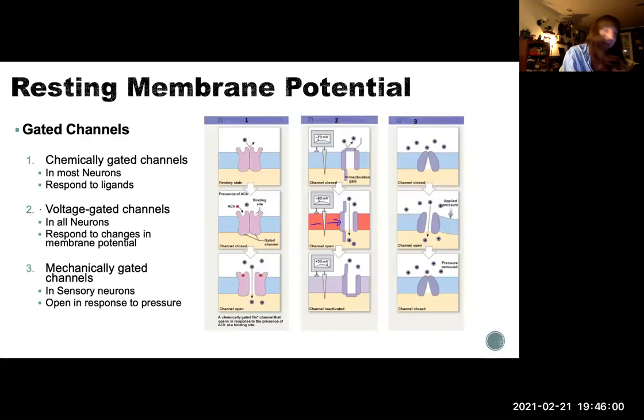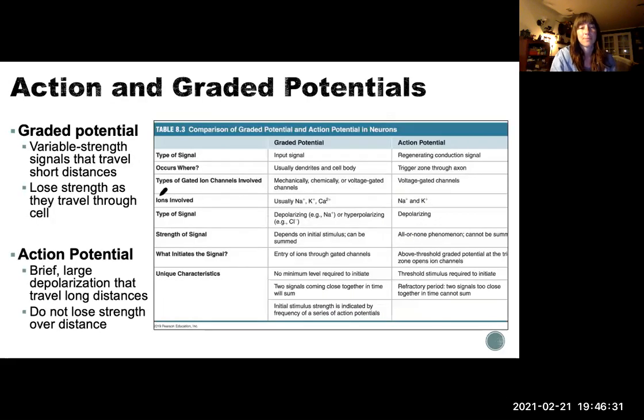And finally, you have mechanically gated channels, which are so cute and funny, I feel like, because they have to open from literal physical touch. So it has to be an actual pressure applied to the membrane for those little channels to get squeezed open. Kind of weird, right? So they open in response to pressure. So it's 3 different types of channels that are used to maintain the resting membrane potential of various nerve cells, various neurons across the nervous system.